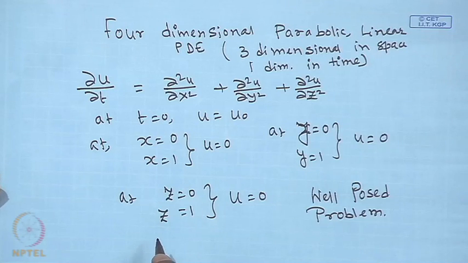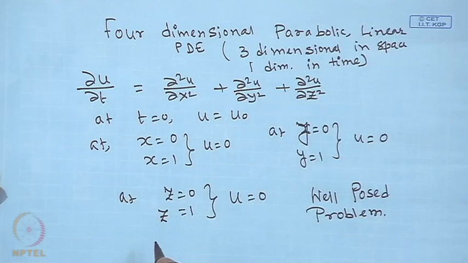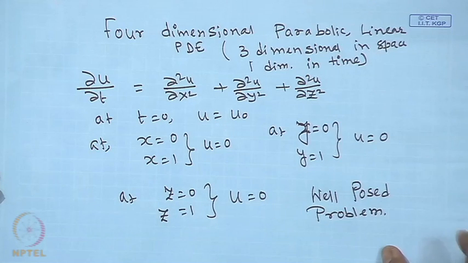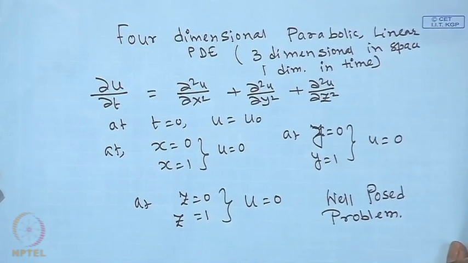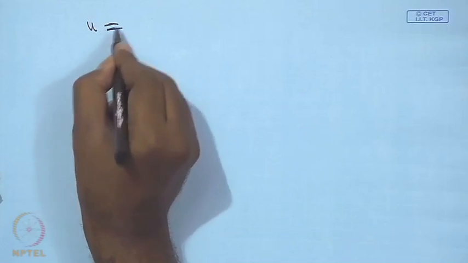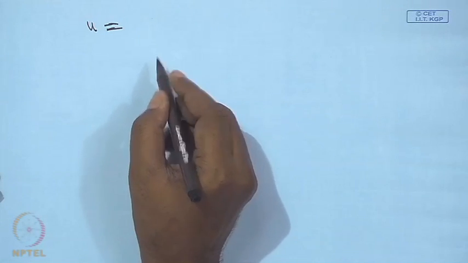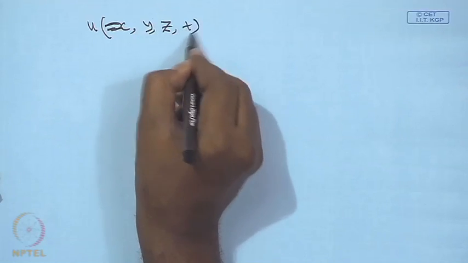Now, in order to solve this problem, since this operator is a linear operator and all the boundary conditions are homogeneous, we can use separation of variable type of solution safely. So, we consider that u is constituted by product of 4 factors. So, this is u is a function of x, y, z and t.